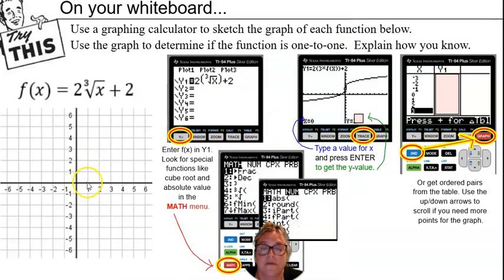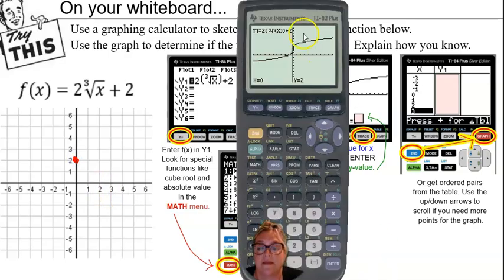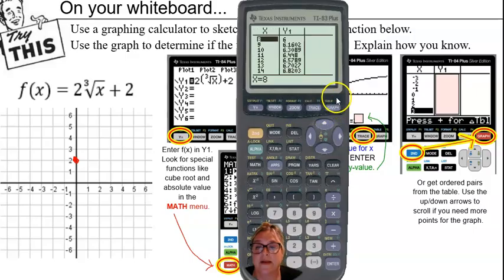So I'll come over to my x-axis and put in 0, 2, and that's the y-intercept. Okay, then to see more points, we could continue typing in numbers for x, or you can see all of your ordered pairs going by integers by pressing this yellow second button and then the graph button again, and that reveals the table.